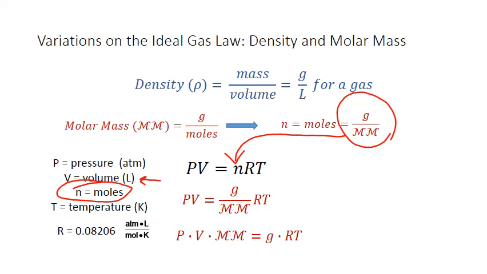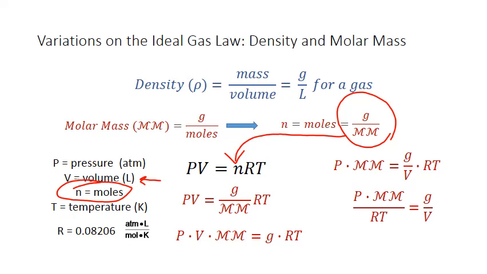Now, in order to get grams divided by volume, I can just divide both sides by V. It'll cancel out on the left-hand side, and I'll be left with pressure times molar mass equals grams divided by volume times RT. I can then get my grams divided by volume, my density term, all by itself by dividing both sides by R and T. And I end up with pressure times molar mass divided by R divided by T equals grams over volume.